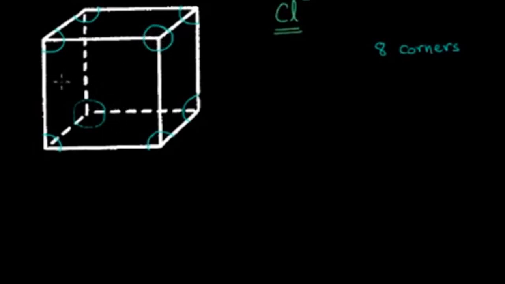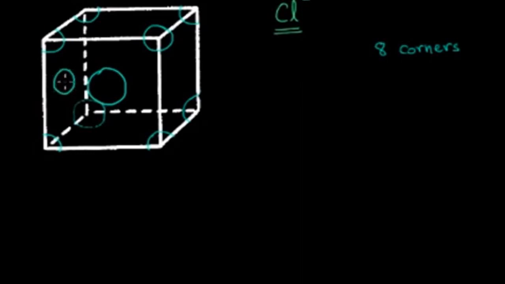We have drawn the chloride ions present at the corners. Now we will draw the chloride ions present at the faces. We have 6 faces, so 6 chloride ions will be present at the 6 faces of this unit cell.